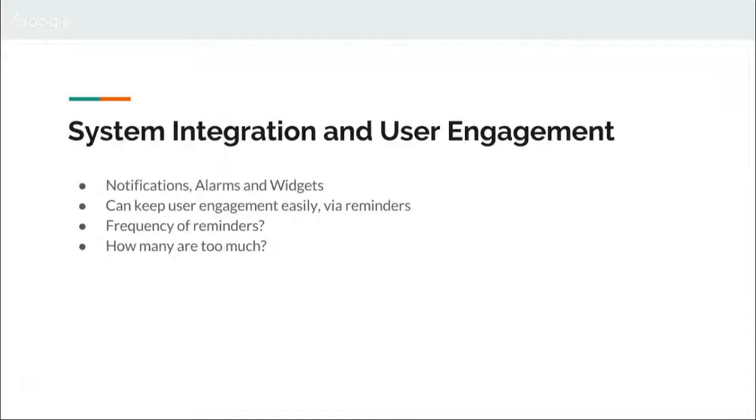But there's a problem. What frequency should we use? Or how many messages should we send? The thing is, the frequency can be too high. Imagine sending a message every 15 minutes. The user will get really annoyed and will probably uninstall our app. But sending them once a week is another thing that won't be effective.